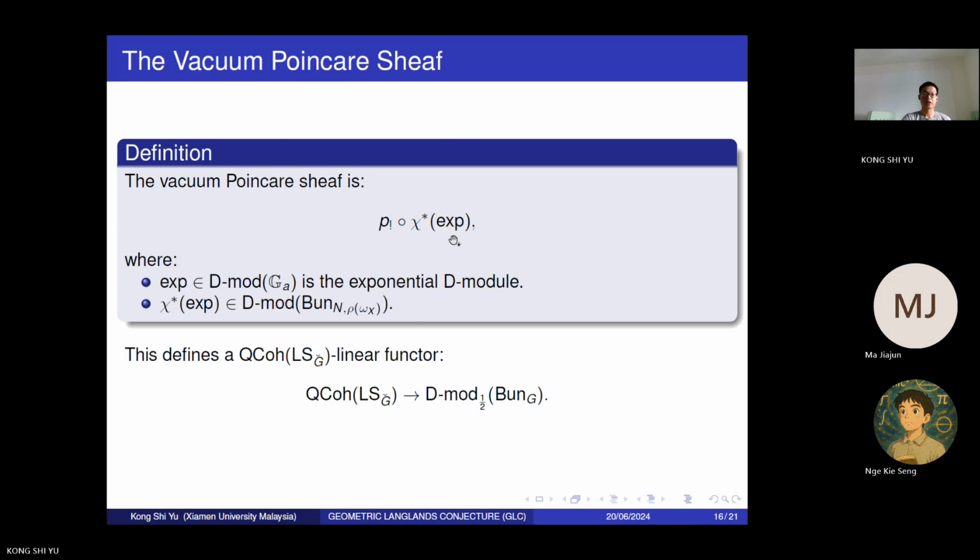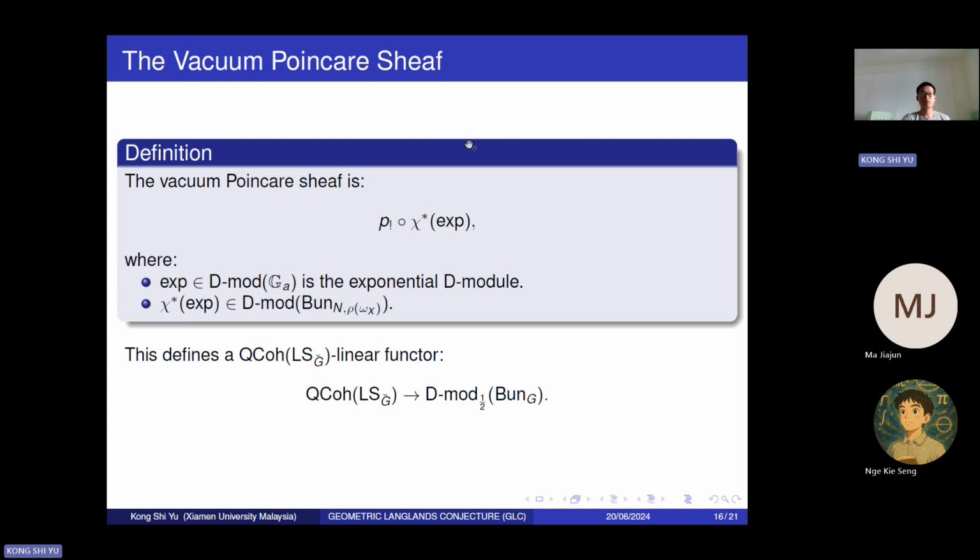They go through a lot of papers to unravel this object. Basically this exponential is the exponential D-module, and this chi star is a pullback of chi, and it lives in this category.